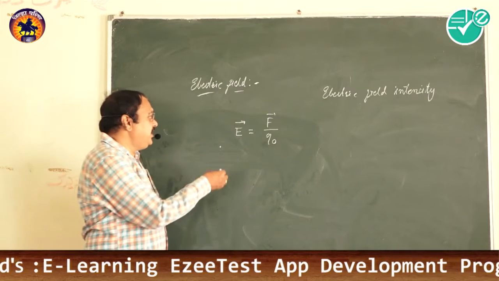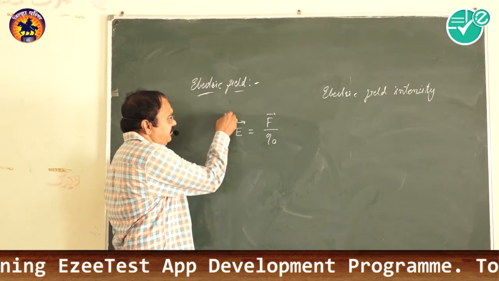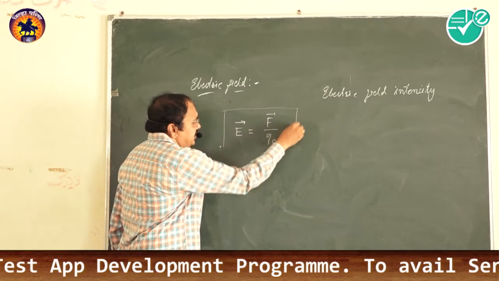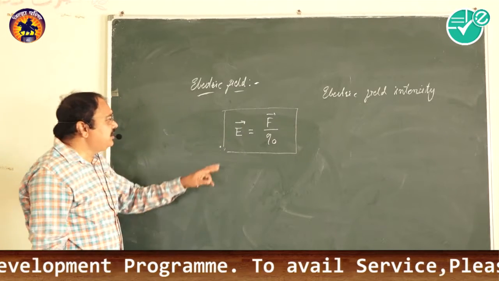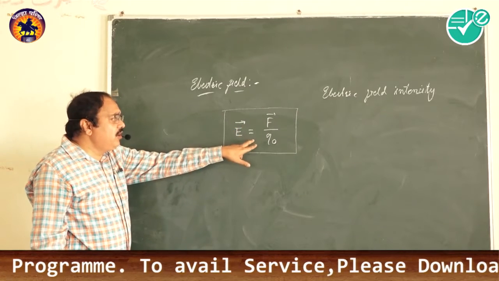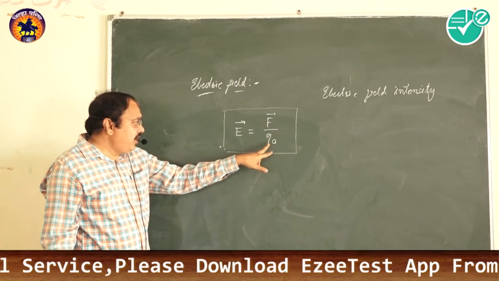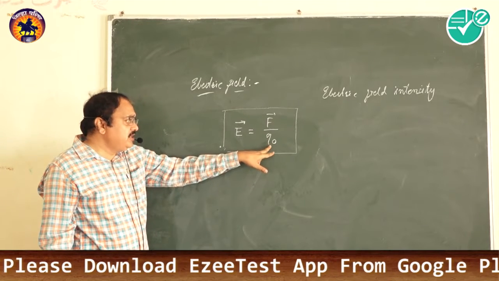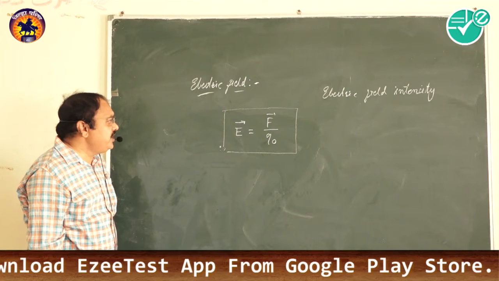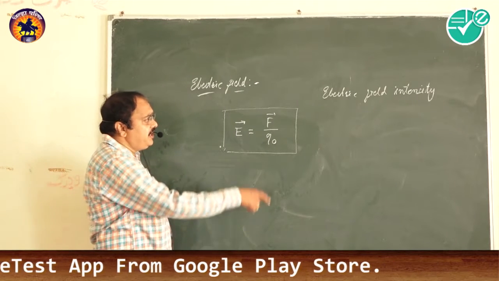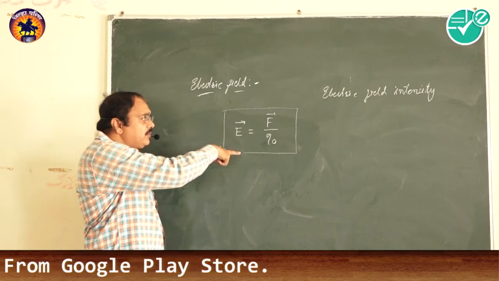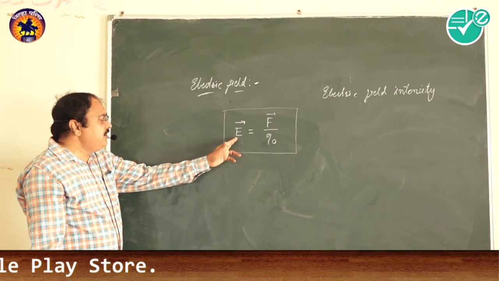So we get the mathematical definition of electric field intensity: vector E equals vector F upon Q naught, where Q naught is our point charge, and we calculate electric field intensity at that point.